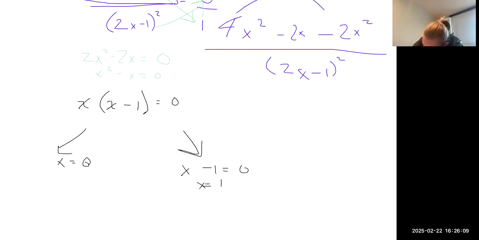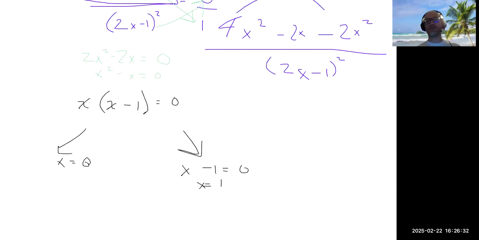So it's undefined at x equals 1/2, and my critical points are x equals 1 and x equals 0. Right. Yes. Those are the critical values.